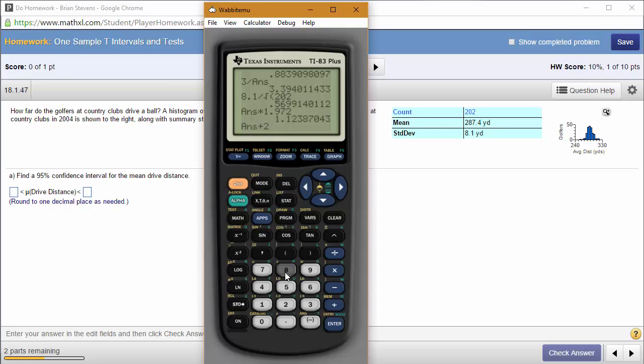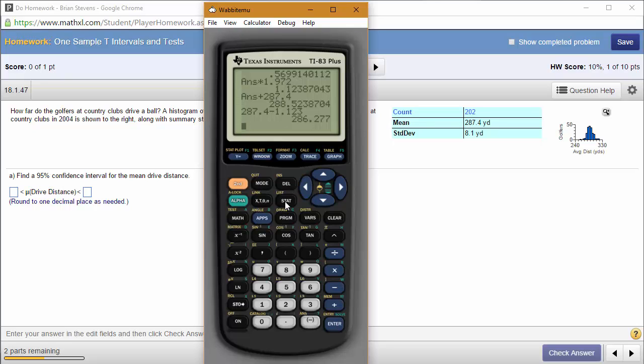You would add 287.4, and minus to get, and our margin of error was 1.123. And this is our interval, 286.2 or 286.3 rounded to one decimal to 288.5.